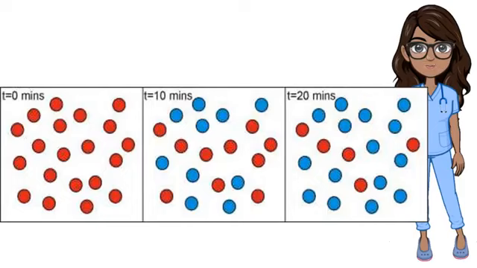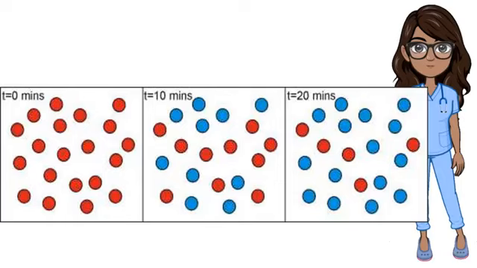This picture gives a simplified explanation of how radiometric dating works. The parent isotopes are red circles and daughter isotopes are blue. We start off at time 0 with 20 atoms of the parent isotope. In this system, the radioactive parent isotope has a 50% chance of radioactively decaying within 10 minutes.